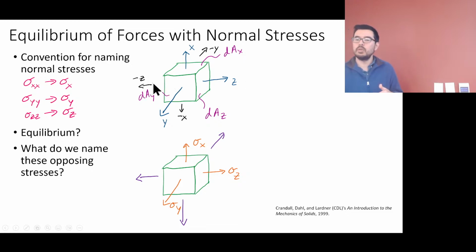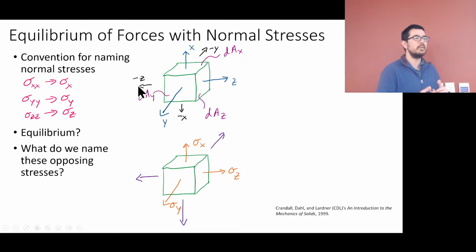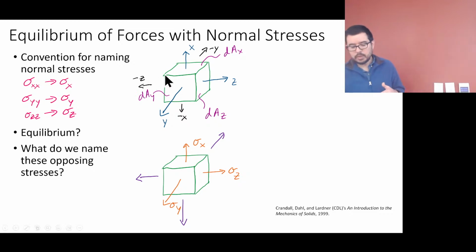And so this normal is in the minus z direction. This normal here is in the minus x direction. This normal on the back face that we can't see is in the minus y direction. So this is to help us with the convention.